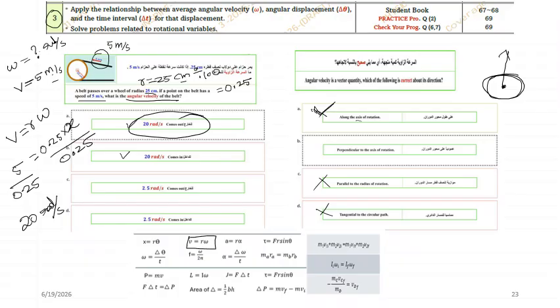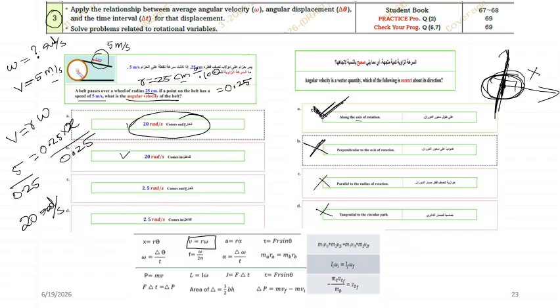If this is the axis of rotation, perpendicular to the axis of rotation means this one, so this is wrong actually. Which could be the correct answer? Along the axis of rotation is the correct answer, and perpendicular to the axis of rotation is wrong.